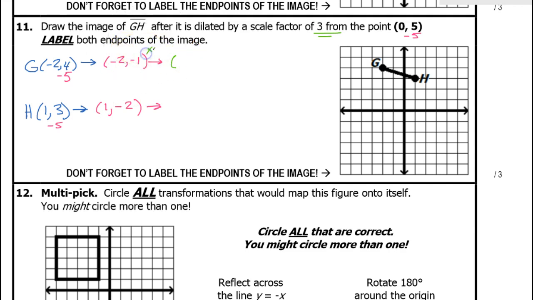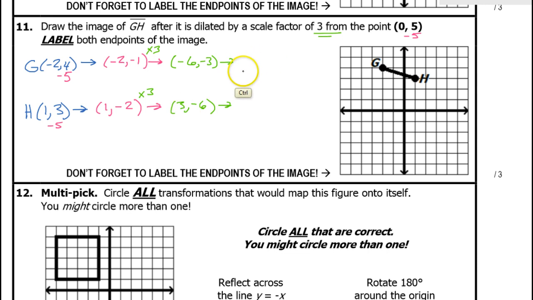So maybe I'll just put times 3 right here just to indicate what I'm doing. And then I'm going to get -6, -3. Alright, just multiplied by 3. And I'm going to get 3, -6. So now I've done the dilation.